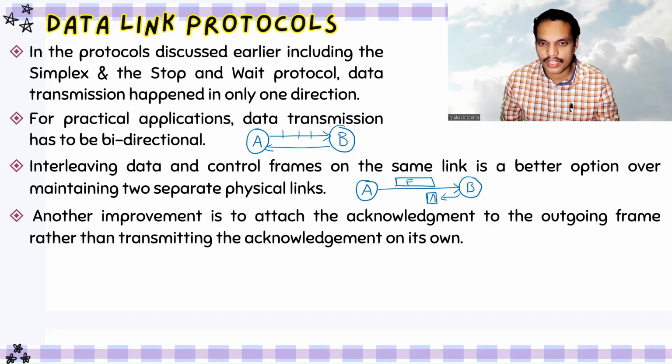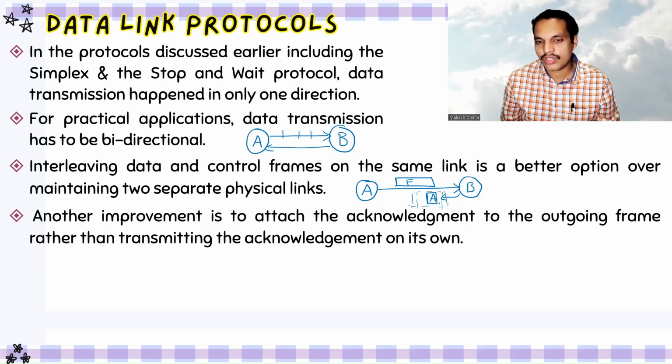Acknowledgement is a very small packet which just tells you whether the frame has been received by the destination or not. It conveys to the sender that this frame has been received without any errors. To send this acknowledgement, once again, it has to be kept in a frame which includes the header, the trailer, all those things.